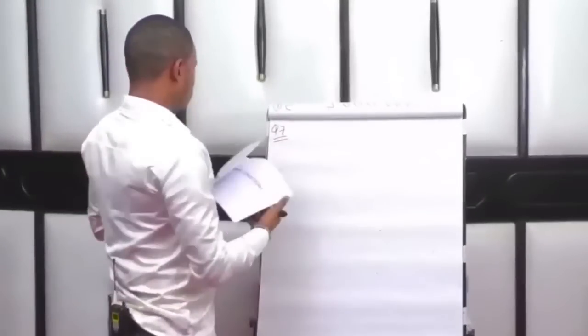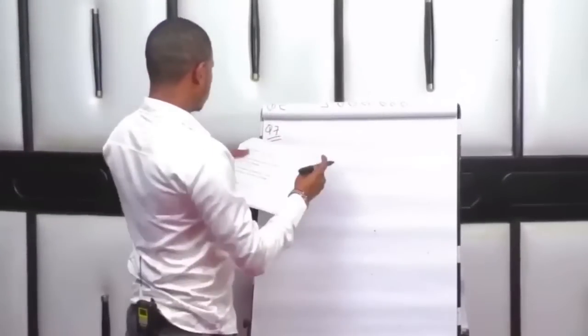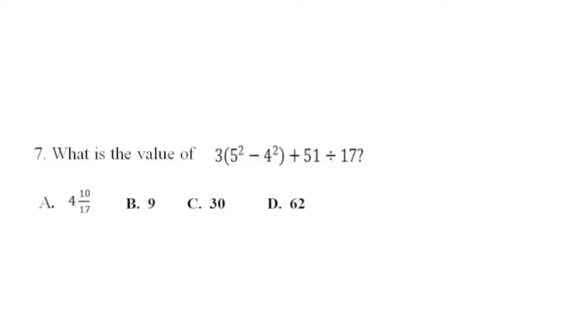So question 7 is, what is the value of 3 into... are we together? Is that the question? Okay. Write the value of 3 bracket 5 squared minus 4 squared, close the bracket, plus 51 divided by 17. So what does this question want?